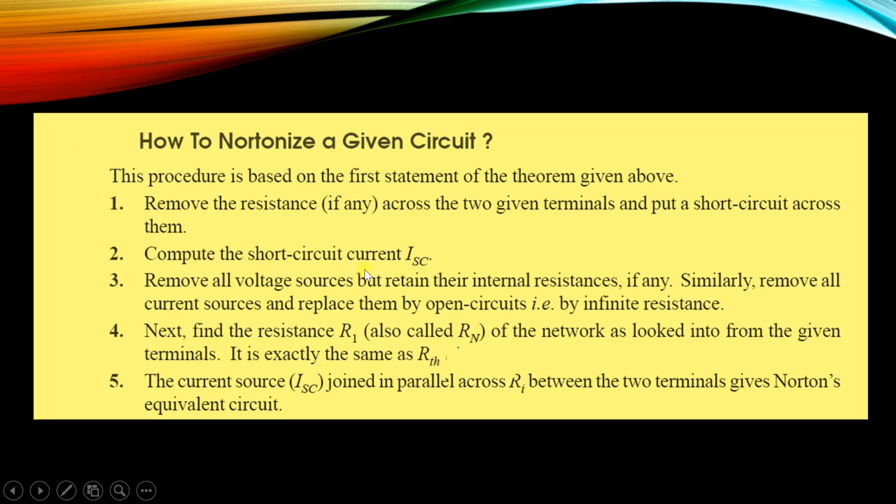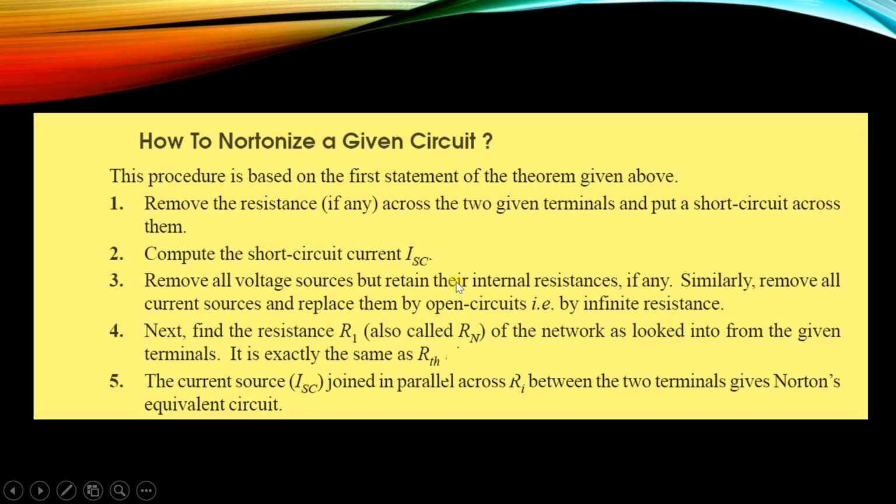Now compute the short circuit current, that is ISC, as we found in the previous numerical. Then remove all voltage sources but retain their internal resistances, if any. We remove all the voltage sources, but if we are having any internal resistance, then keep it. Similarly, remove all the current sources and replace them by open circuit, that is by infinite resistance.